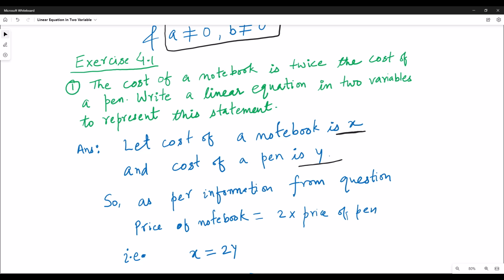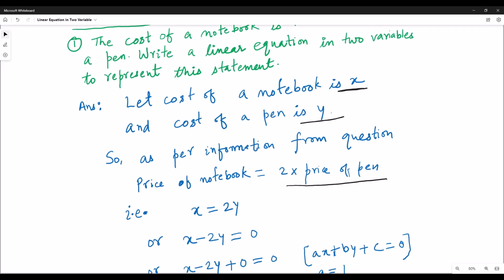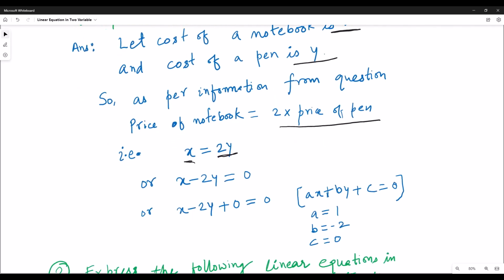So if the cost of the pen is y, the cost of the notebook will be twice of that. So if the cost of the notebook is x, then x is 2 times y, the cost of the pen. So this is the expression, x is equal to 2y.